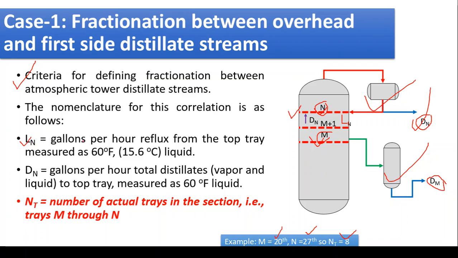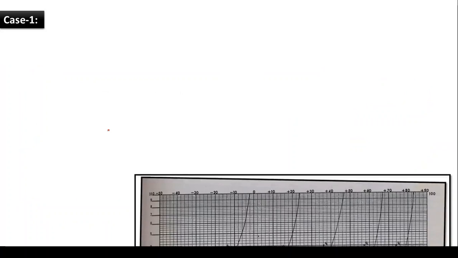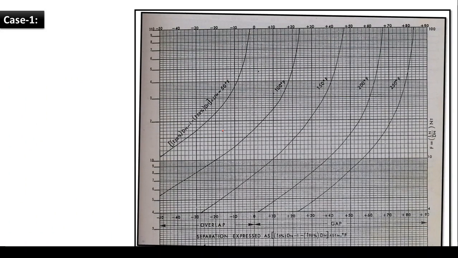Now for case 1 we have a graph for the calculations. To understand it, we have three different things: the x-axis, the y-axis, and different curves. The x-axis we call gap or overlap. It is divided at 0. If the value is greater than 0, it is called a gap.